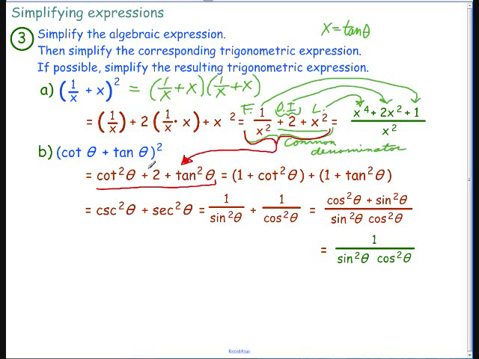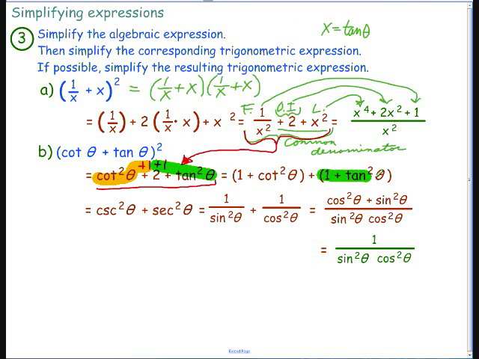Now, if instead of thinking of this as plus 2, I think about it as plus 1 plus 1, I can associate the cotangent with one of the plus 1s and the other one of the plus 1s with tangent.